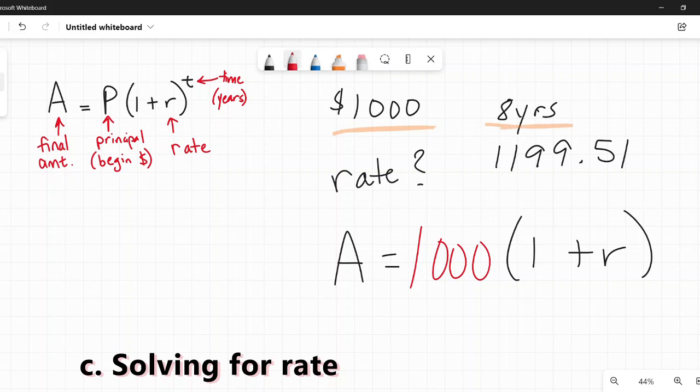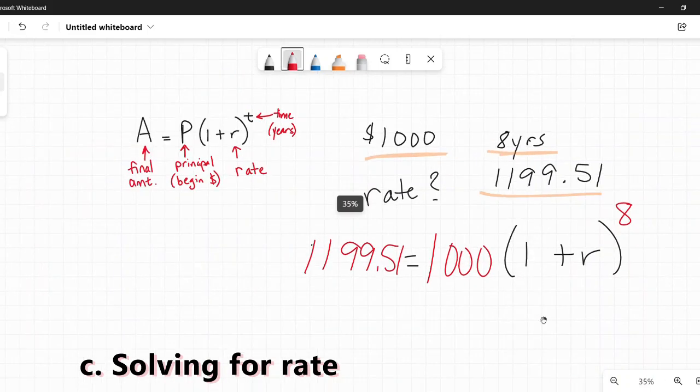So I'm going to put that 8 right there. Next number we're given is $1,199.51. And we're told that's the amount in the account after this. So, okay, well, that is our final amount, $1,199.51.